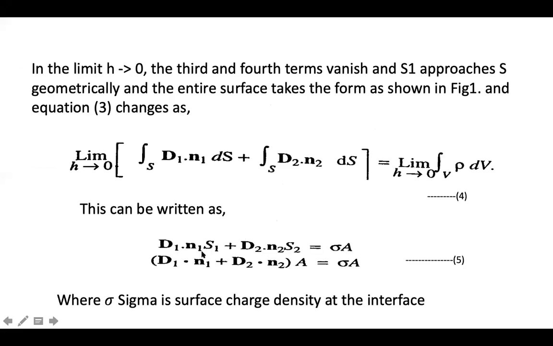So D1 n1 S1 plus D2 n2 S2 is equal to sigma A. Because S1 and S2 are approaching the same value S, that S has become A, capital A, which is a thin slice which we have mentioned. So this is equal to like this.